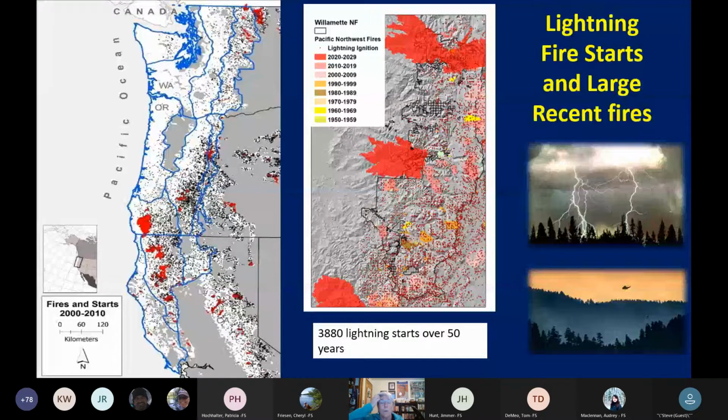So to illustrate the effect of potential fire suppression, I would say that if only a few of those red dots had burned a little bit more across the 50-year time period, our landscape pattern would look a lot different than it does today.